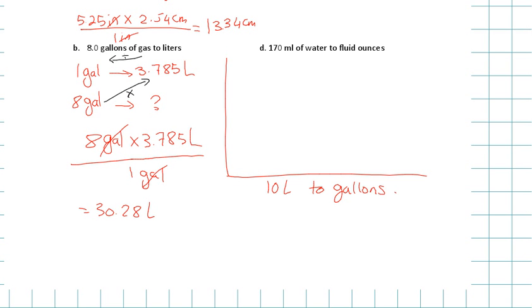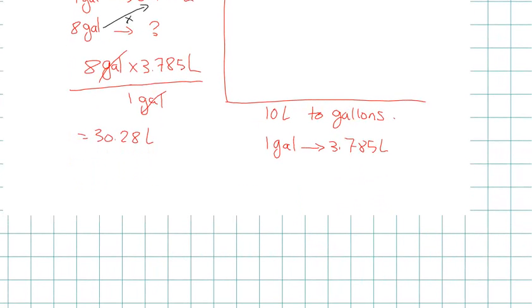So we set it up as 1 gallon equal to 3.785 liters. Where do I put the 10 liters? Under the liters, because they have to match. In this case, I cross multiply, but divide by 3.785.